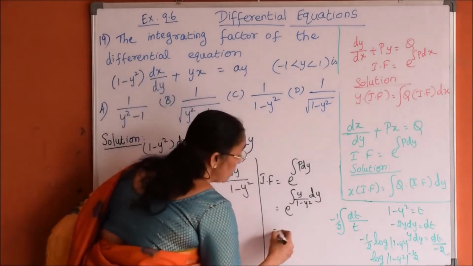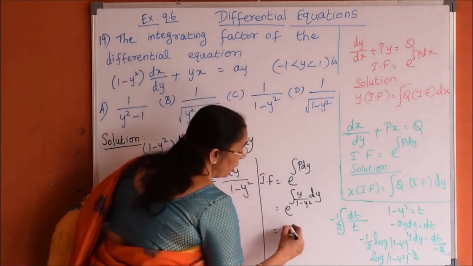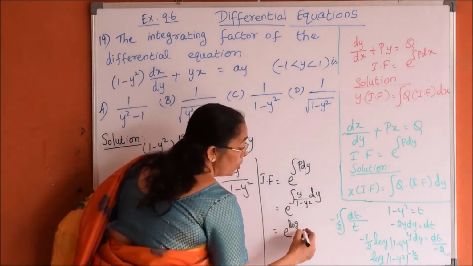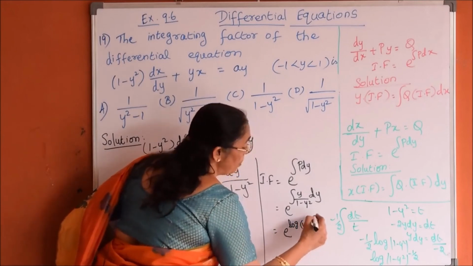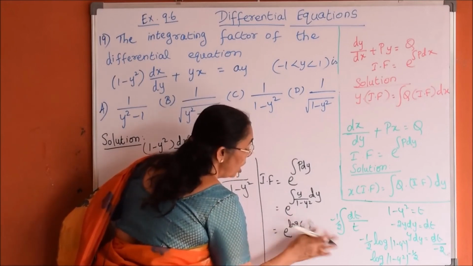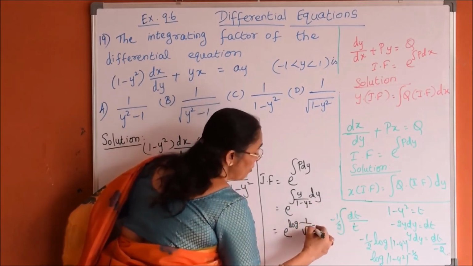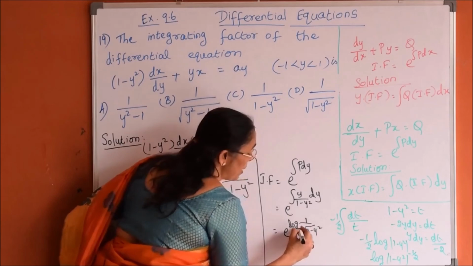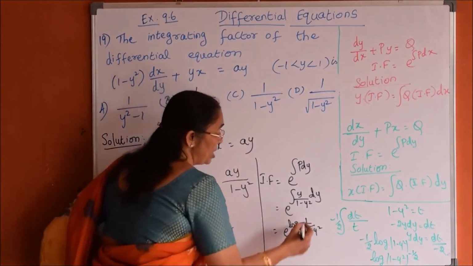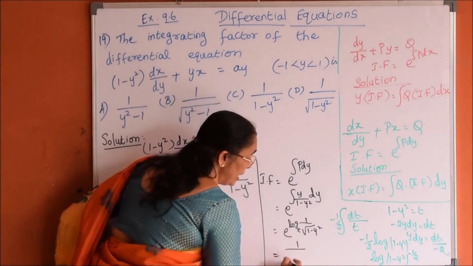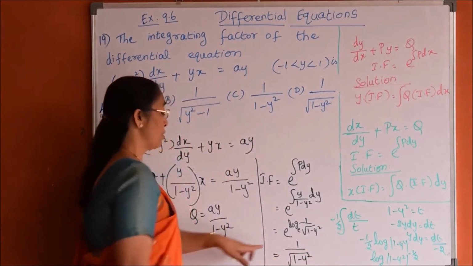So this is equal to e to the power of the integration of this part, which we got as log of 1 minus y square whole power minus half, or log 1 by root over 1 minus y square, base e. So e power log of any function is the function itself. So the integrating factor is 1 by root over 1 minus y square.